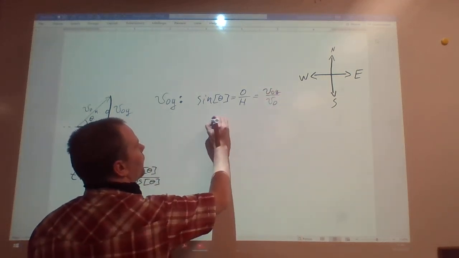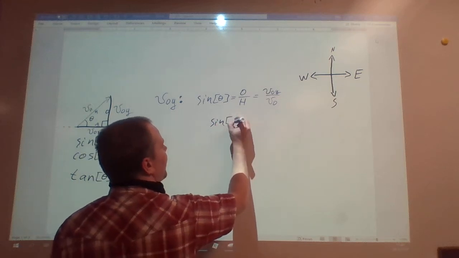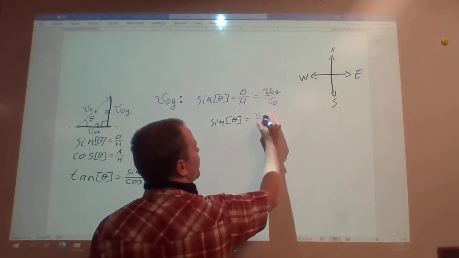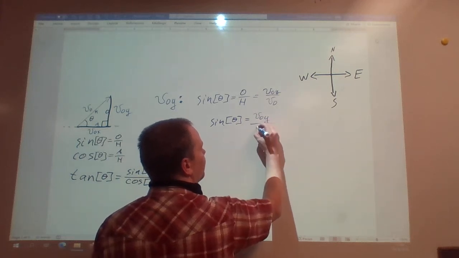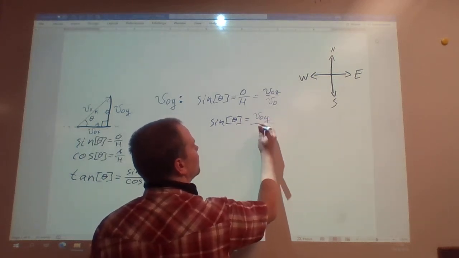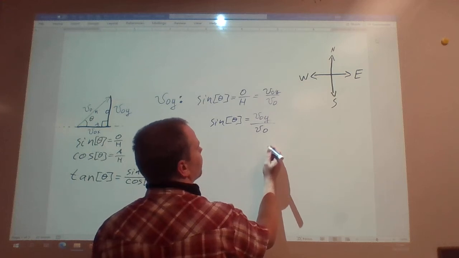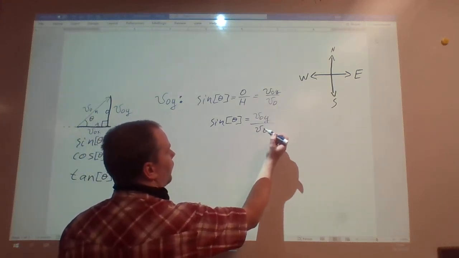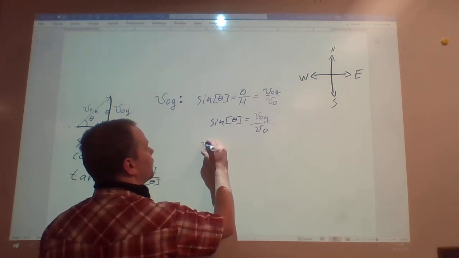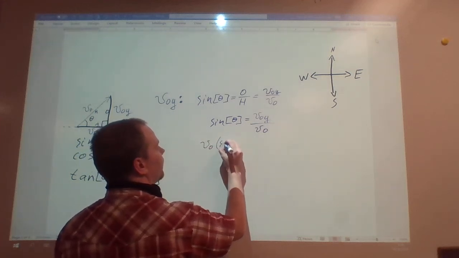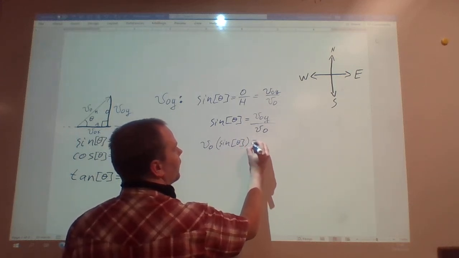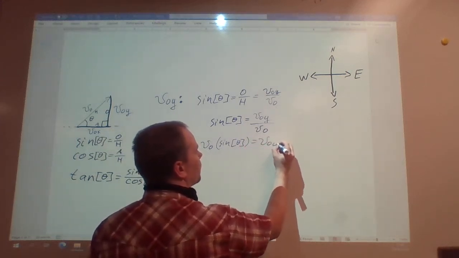So then the sine of theta is equal to v naught y divided by v naught. So to actually get v naught y, we would multiply by v naught. So v naught times the sine of theta gives us v naught y.